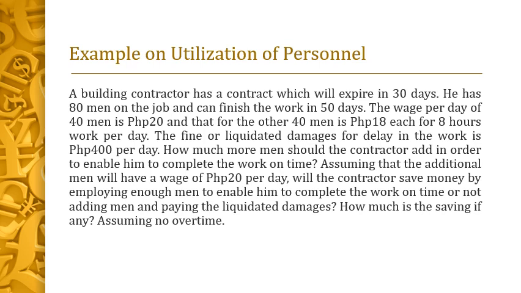How many more men should the contractor add in order to enable him to complete the work on time? Assuming that the additional men will have a wage of 20 pesos per day, will the contractor save money by employing enough men to enable him to complete the work on time, or not adding men and paying the liquidated damages? How much is the saving, if any, assuming no overtime?